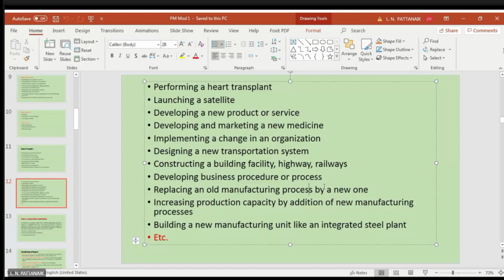Launching a satellite, developing a new product or service, developing and marketing a new medicine, implementing a change in the organization, of course it is repeated, designing a new transportation system, constructing a building, developing a business procedure or process, replacing an old manufacturing process by a new one, increasing production capacity by addition of new manufacturing processes. These are all examples of projects.